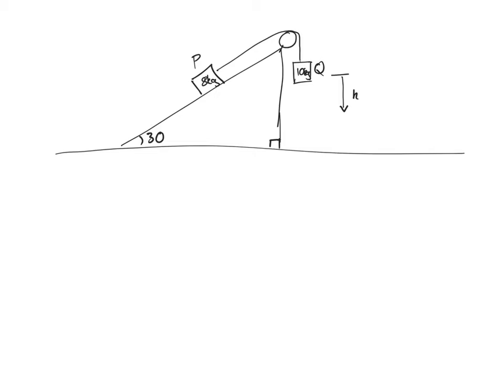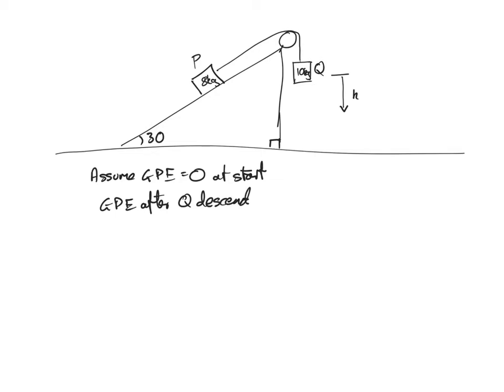So assume GPE equals 0 at start, GPE after Q descends h meters.